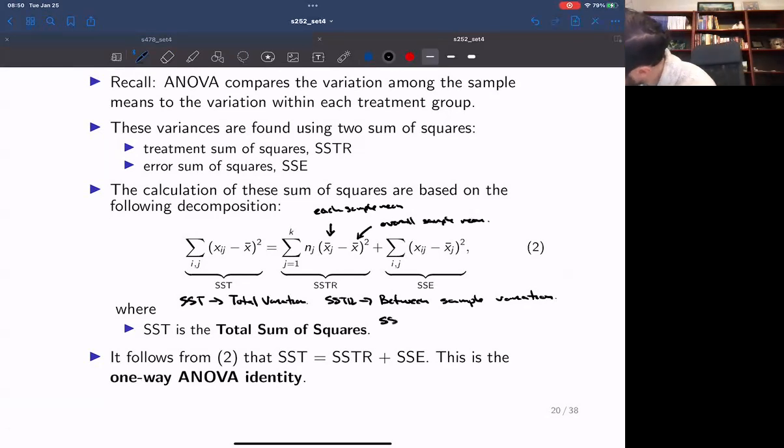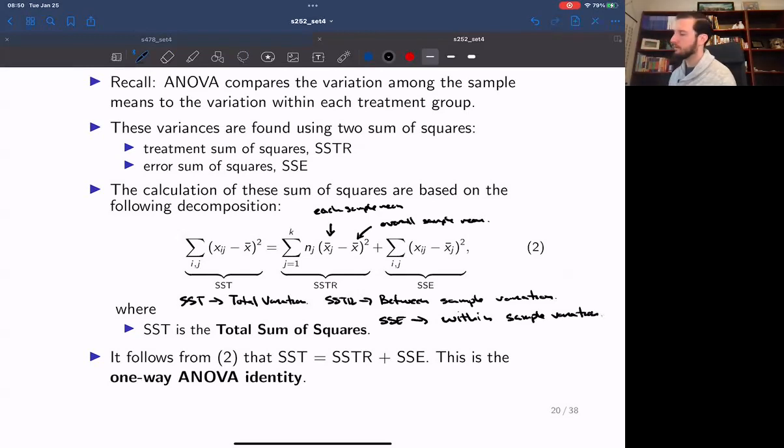Okay, so SSE is going to lead to within sample variation.